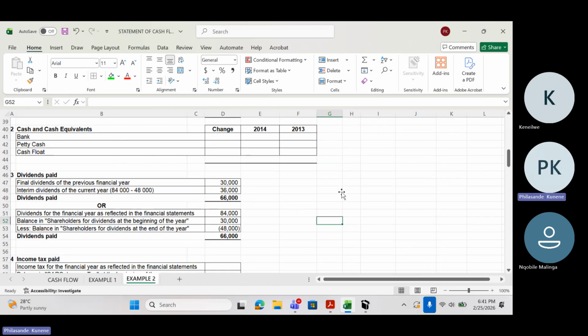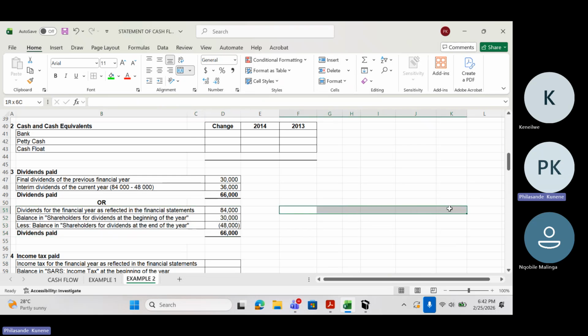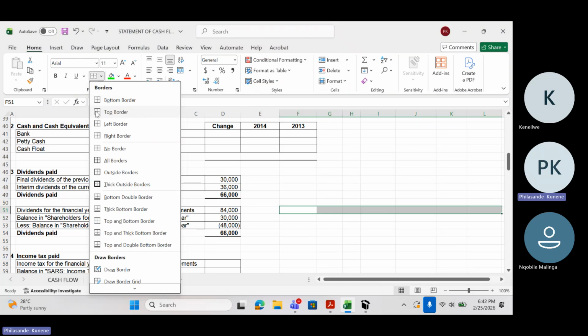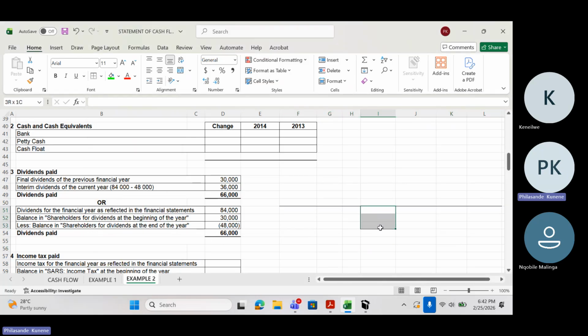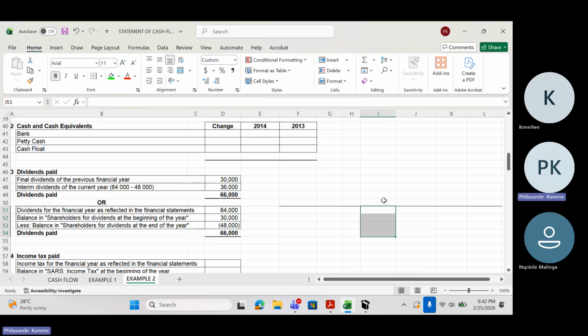I did tell you guys that this can be done on a T account basis as well. I think I did show it to you before, how to do a T account for the shareholders for dividends. That is going to help you if you don't have the note.